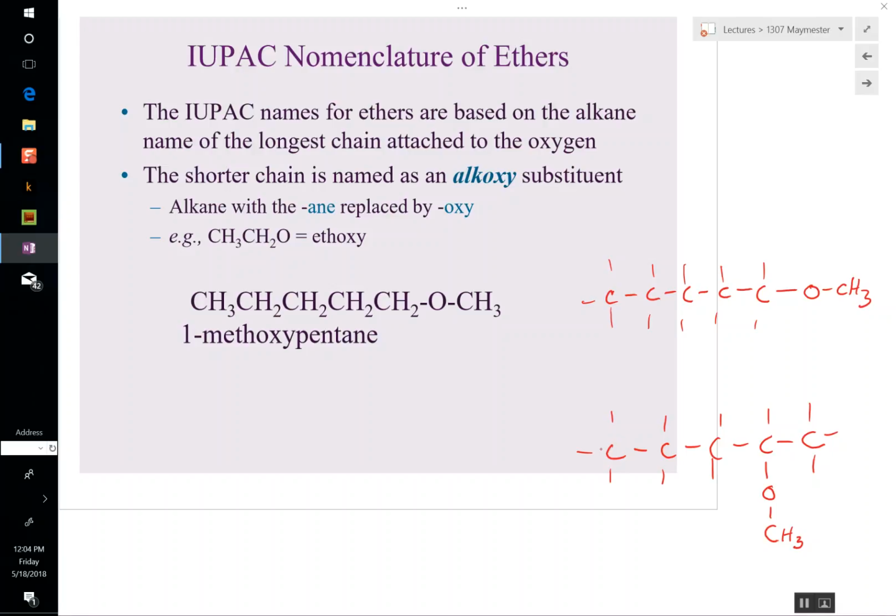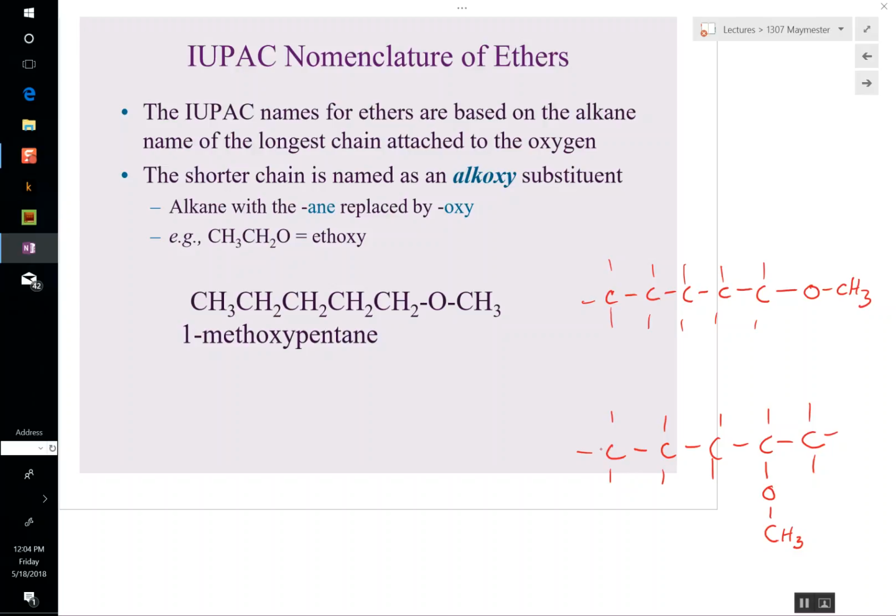Well, this would be methyl pentyl ether too, wouldn't it? There's a pentyl, but it's not attached at the end, it's attached here. Or it could be here, and it would still be methyl pentyl. All right, now it gets confusing. When you get big molecules, it starts getting confusing.